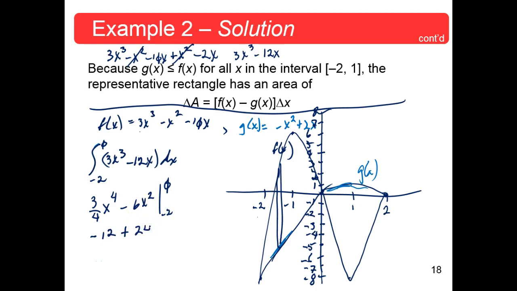Watch these signs, folks. This is the worst part of these problems. The 0 part was the first part, and that was 0. So it's a minus this, evaluated at minus 2. Evaluated at minus 2, this is a 12, but it's a minus 12. And it's a minus, which is a plus, and this evaluated at minus 2 is a positive 24.